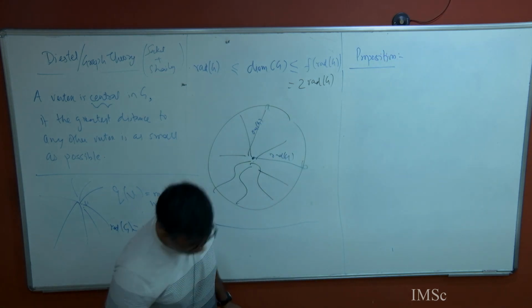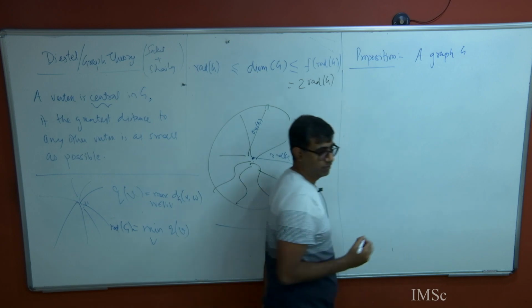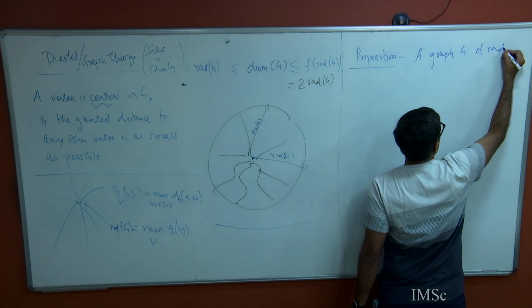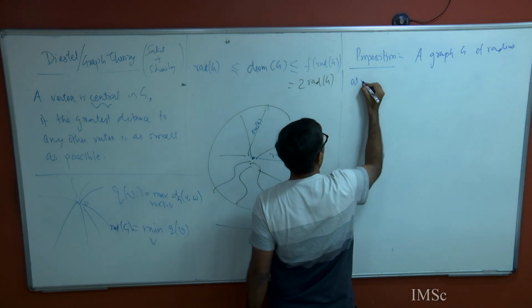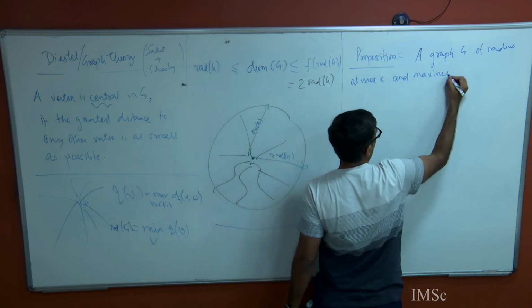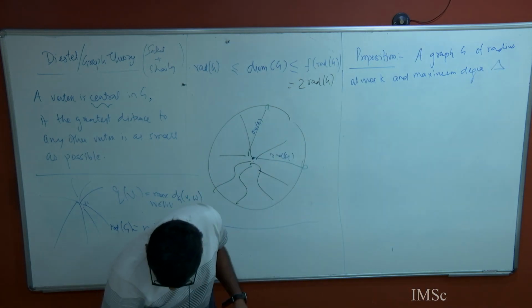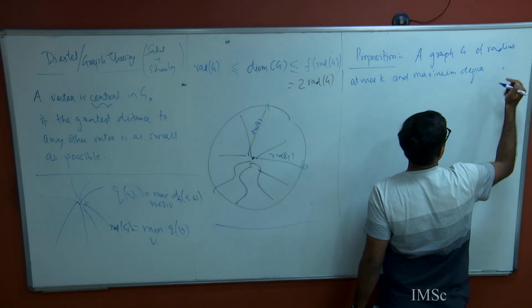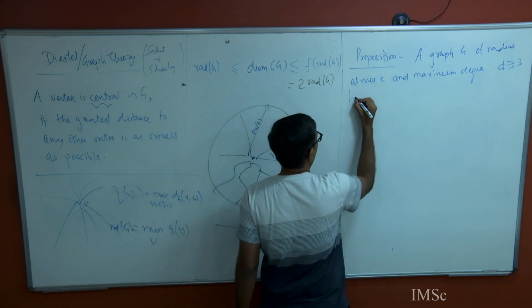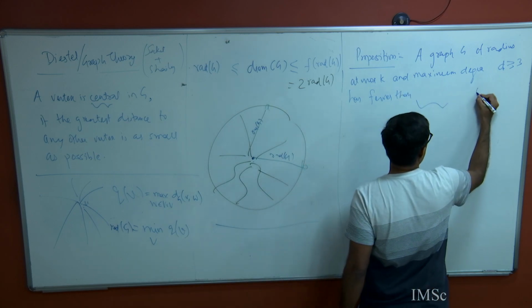And this is a graph G of radius at most k and maximum degree d, say d greater than or equal to 3, has fewer than some number of vertices.